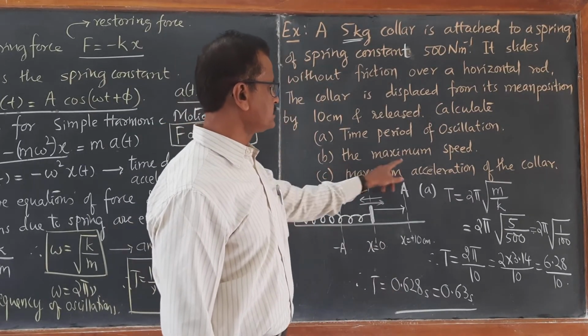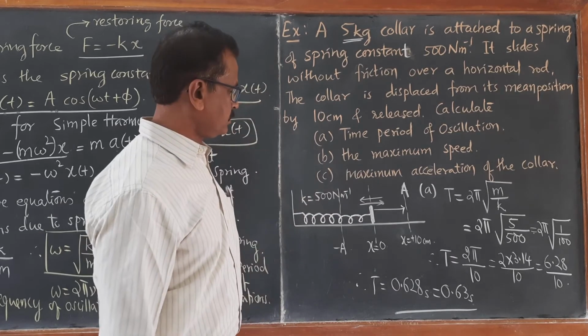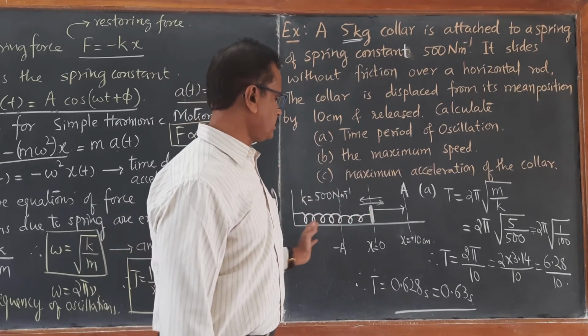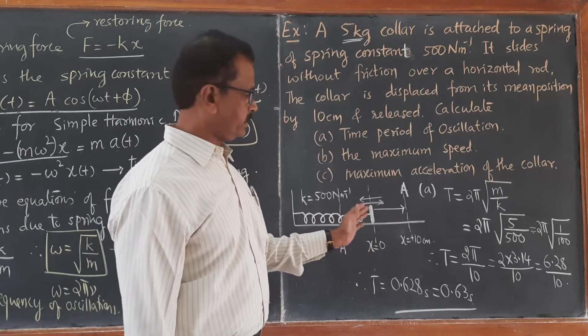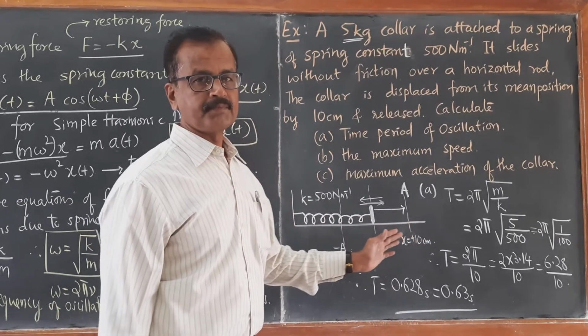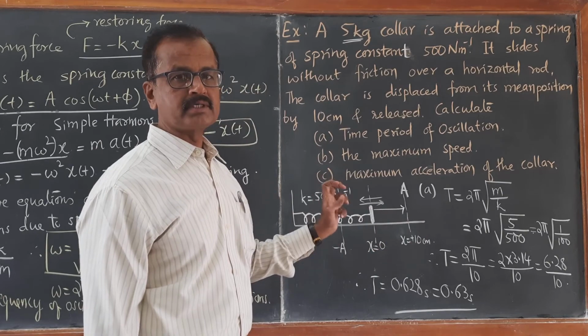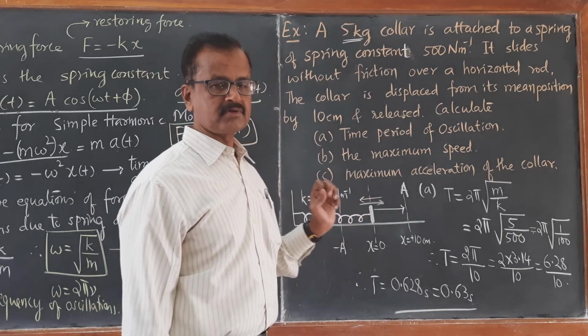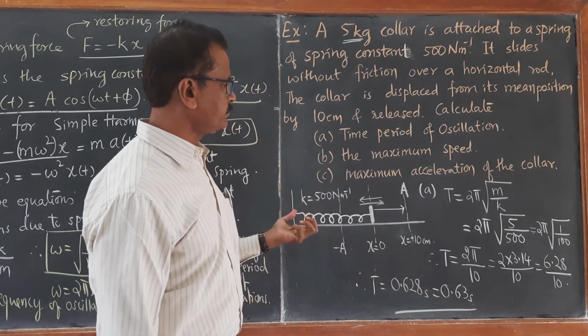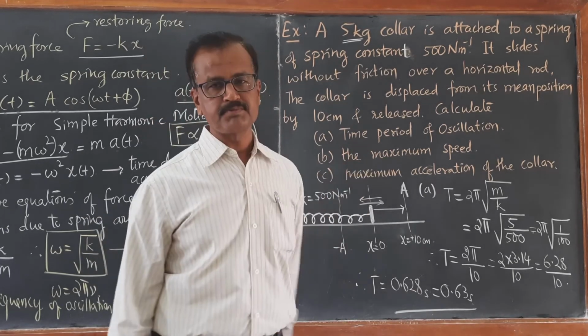The second one is, what is the maximum speed? We know that when the spring is oscillating to and fro periodically, it executes simple harmonic motion, and we know the speed of the oscillating spring. So using that, we can calculate the maximum speed.